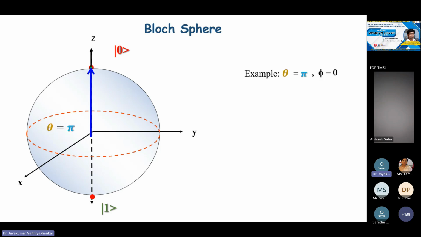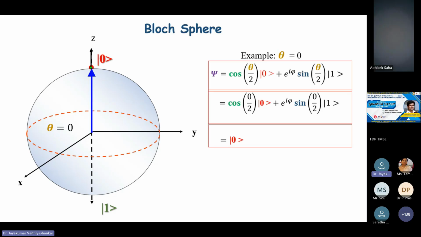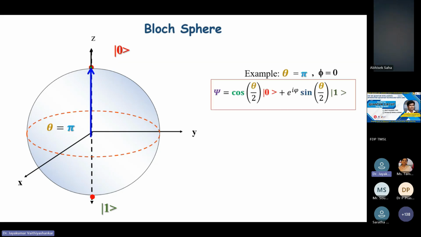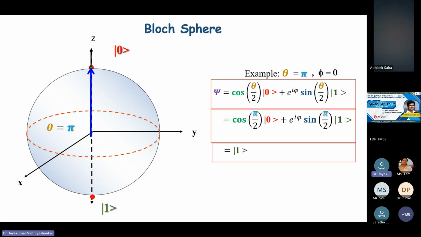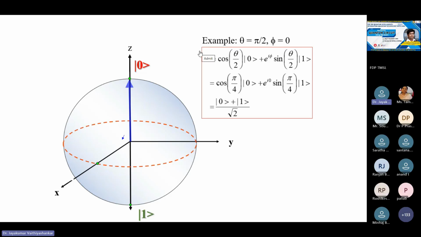One example is d equal to 0. If you apply d equal to 0, nothing will happen, which is equivalent to the identity gate. If you apply d equal to pi, it will do the NOT operation or negation. We covered two gates, and this is about the third gate.